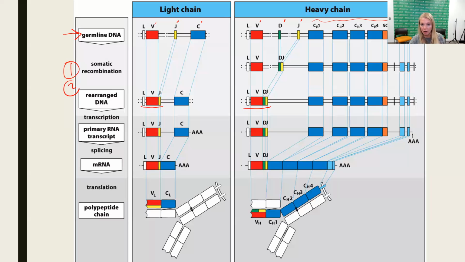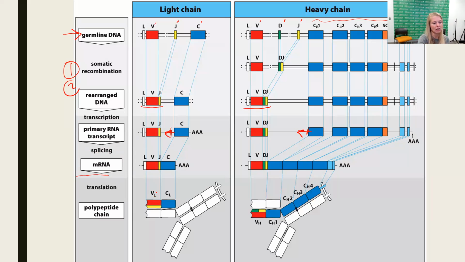There's a primary mRNA transcript made. Then there's going to be some splicing where we bring in a constant region. Bring in one of these constant regions. It's going to be one of these first ones. And then the mRNA is going to be translated into our protein.